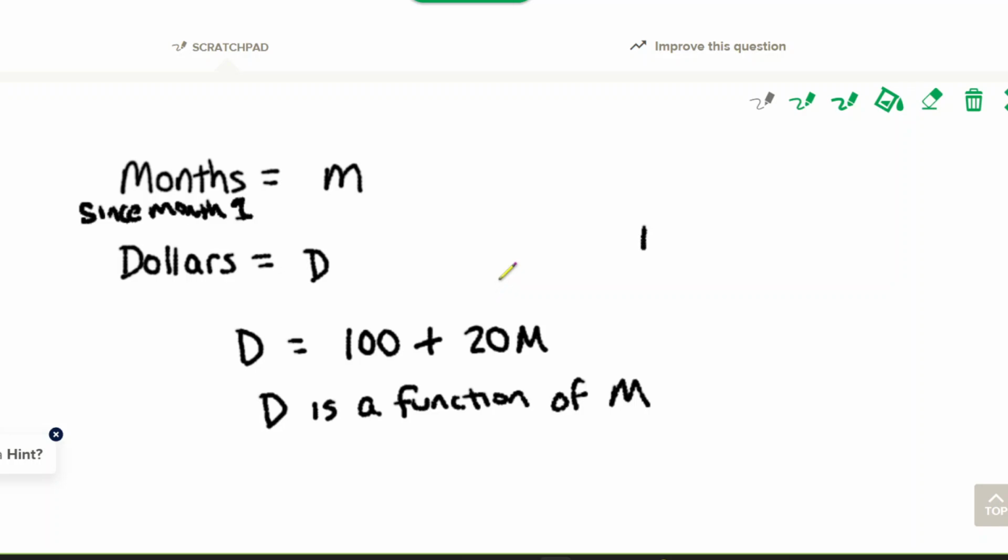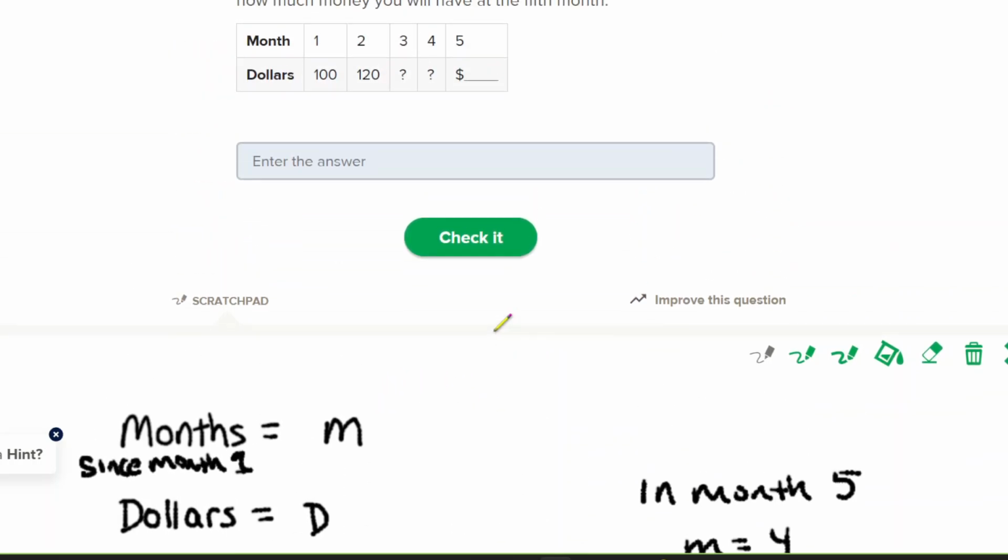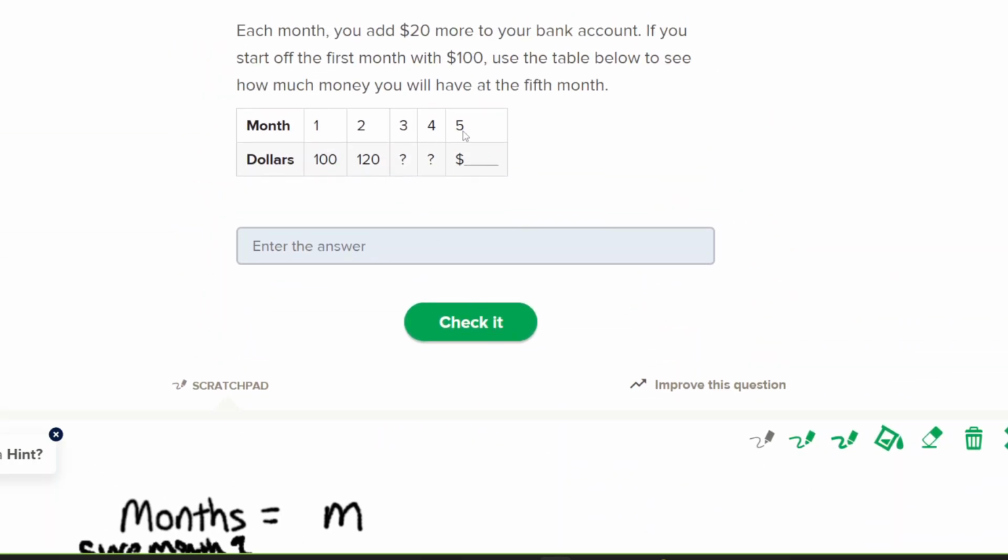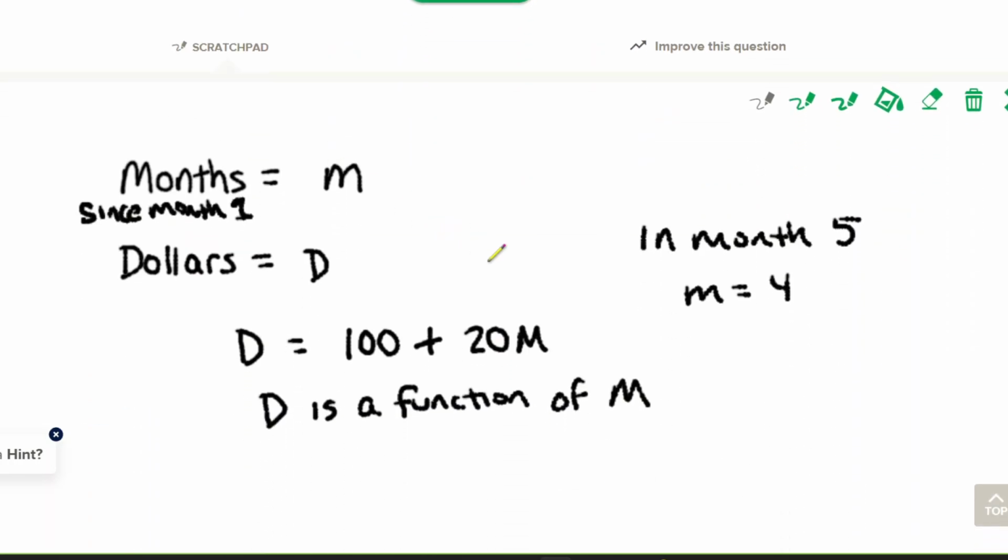So in month 5, for my formula here, M will be equal to 4. So it doesn't exactly match the table. But if I plug in 4 here, 20 times 4 is 80, 100 plus 80 is 180, as I said earlier. So a little snafu there, my apologies, but if I count M as the number of months since month 1, then we'll have the 180 that I mentioned earlier. Now, if I wanted to have it stick to this, maybe I should have had it this way instead.